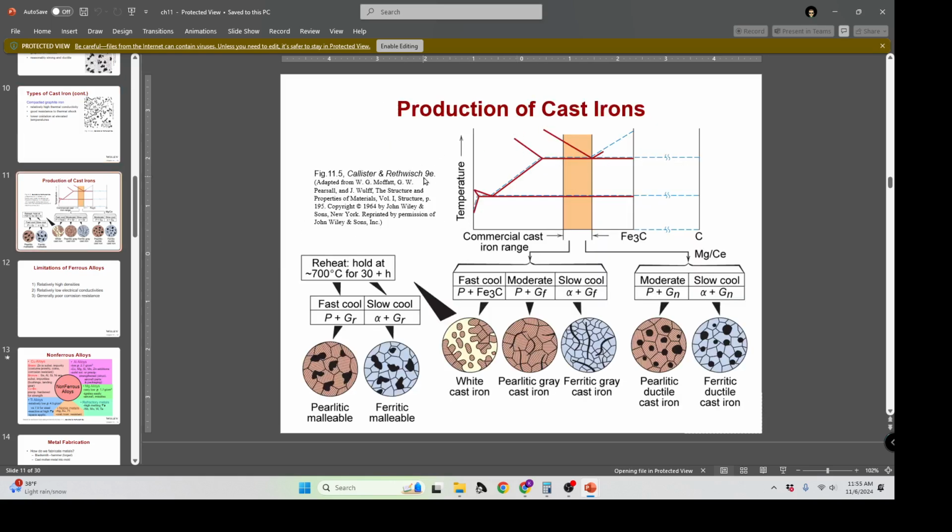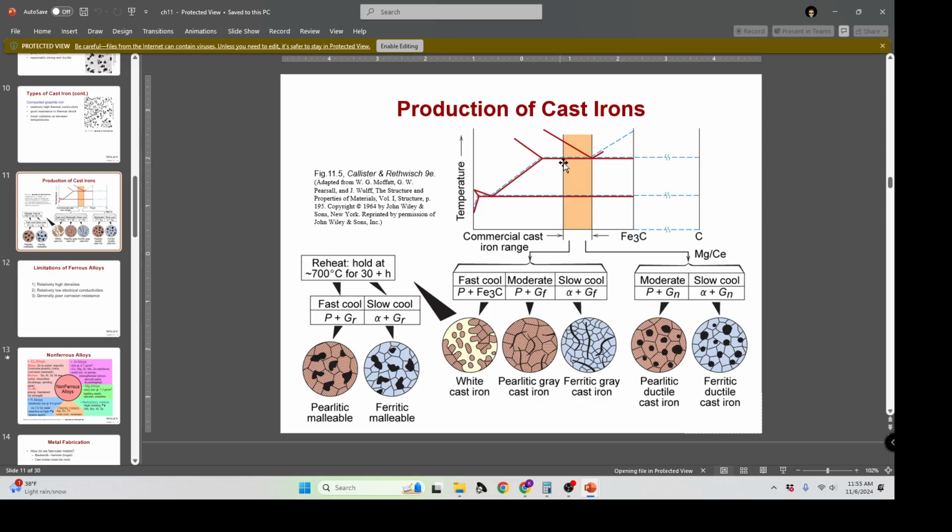And that lets us get a pretty good handle on what's going on for these. You have a couple different processes that they use. The first is a reheat and hold at 700 C for 30 hours. A fast cool gets you malleable pearlite. Slow cool gets you ferritic malleable material.